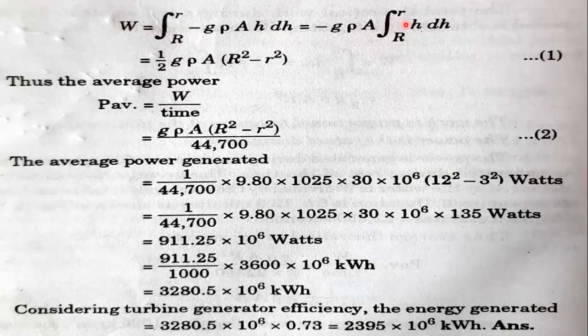So 1 by 2 H square, minus 1 by 2 H square, we will get. Minus minus cancel, 1 by 2 here. So remaining g rho A, if you apply the limits, H square minus H square.